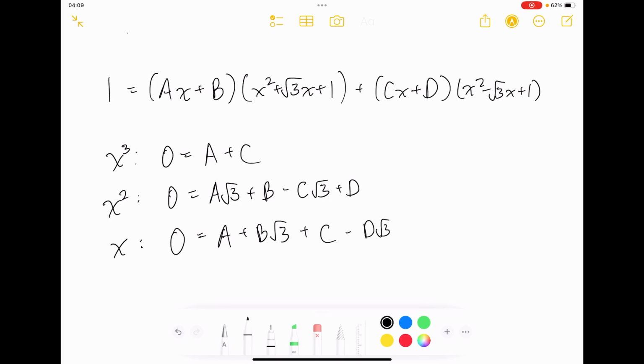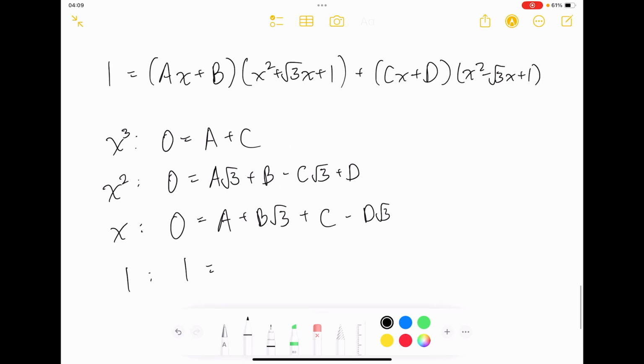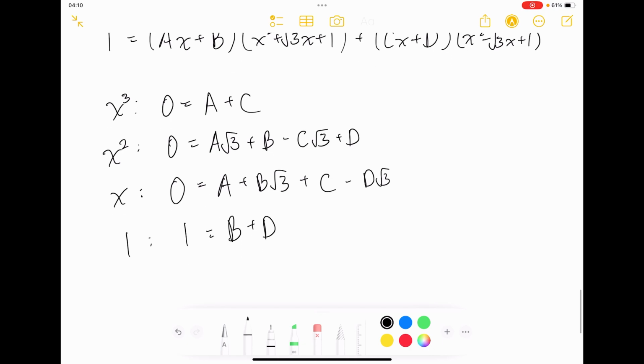Negative d root 3, because there's a minus root 3. And let's look at the constants. So we have 1 on the left, and then b and d on the right. So we have that. And we're just going to start solving this.